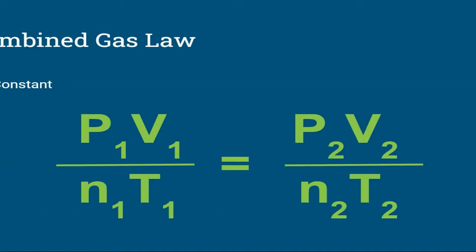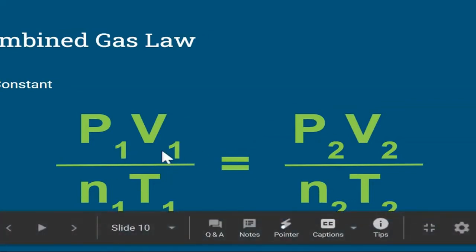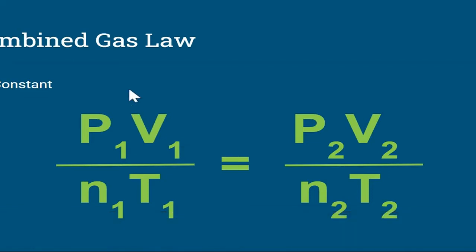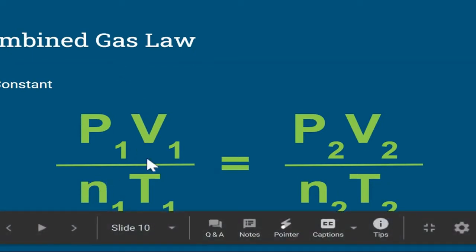The first gas law that we have to look at is this equation. It's called the combined gas law because it combines all 4 of those variables: pressure, volume, moles, and temperature. And these little subscripts, this looks really complex, but all these numbers mean is that if I'm reading a word problem and it tells me that a gas is at a certain pressure, a certain volume, a certain number of moles, and a certain temperature, and then we change some of those conditions.